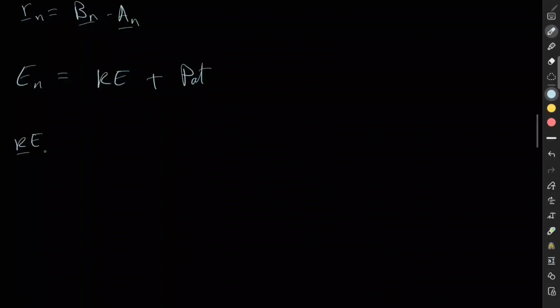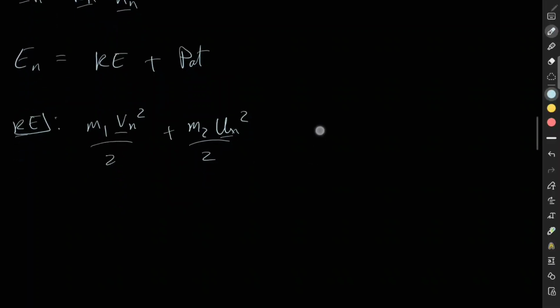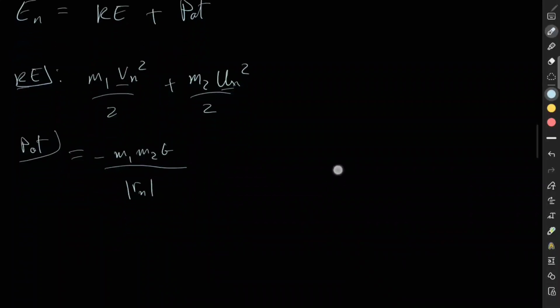Now the kinetic terms are m1 bn squared over 2, where bn squared is just bn dot bn, plus m2 un squared over 2, and the potential term is going to be m1 m2 g over Rn, magnitude of that. Okay, it's all very standard physics, honestly, nothing too interesting here.